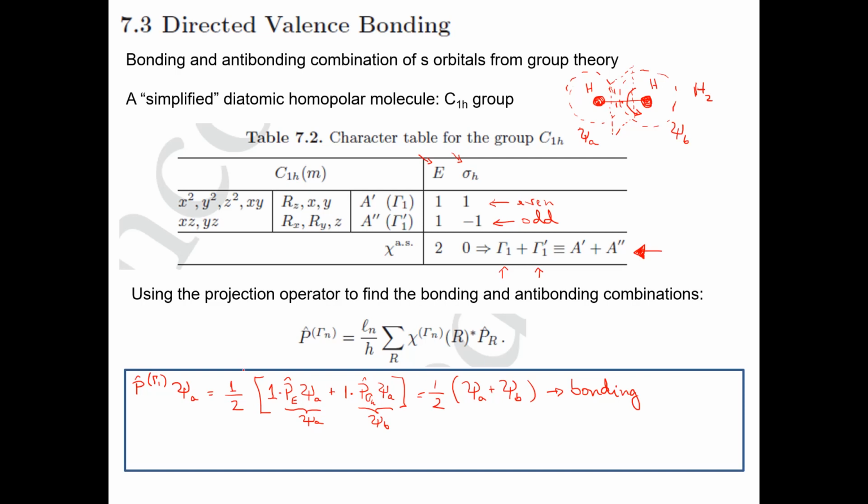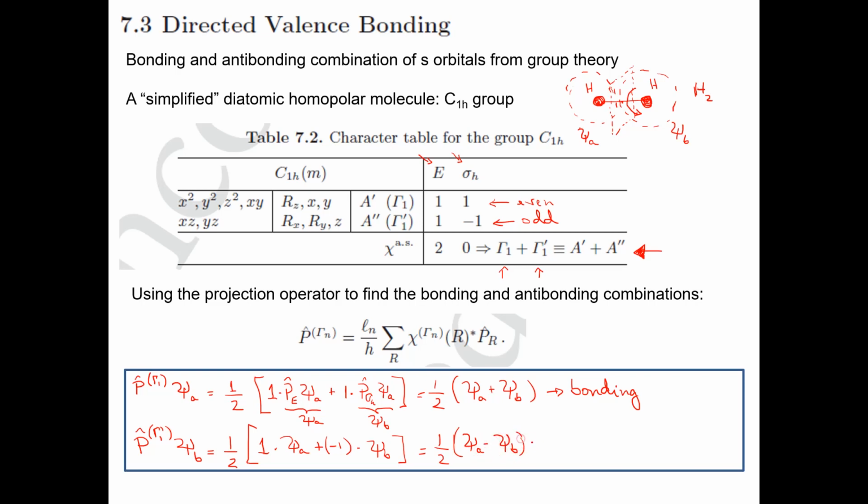So let me do the similar thing for the gamma 1 prime representation. I'm applying it to psi A, and the character of the identity is 1, and this gives me psi A, plus, now it's -1, and this gives me psi B. So the result in this case, you can see immediately, is 1/2 (psi A minus psi B).